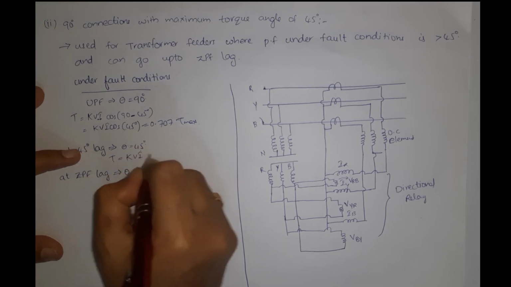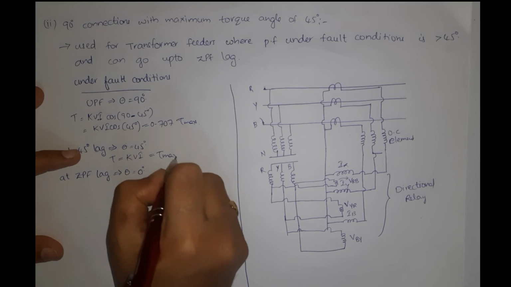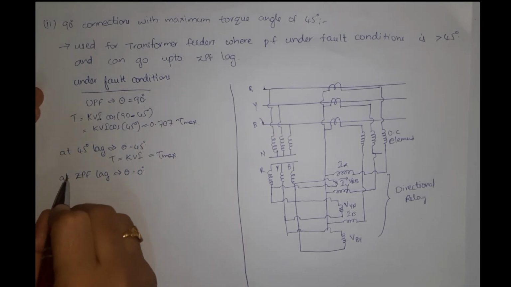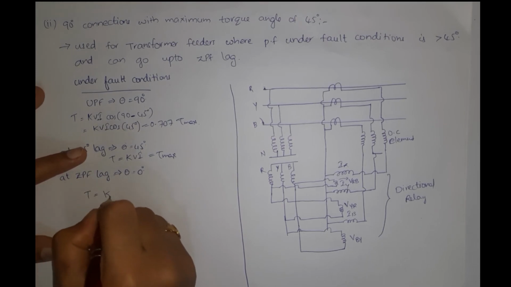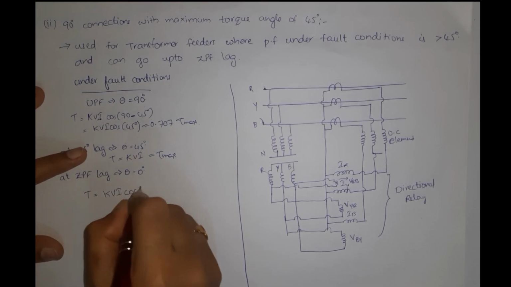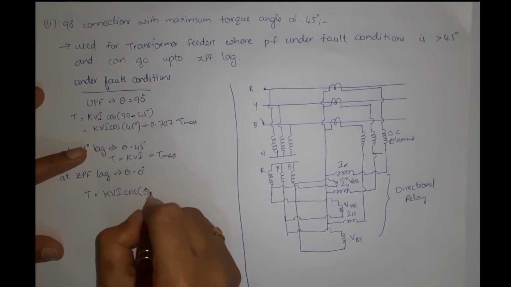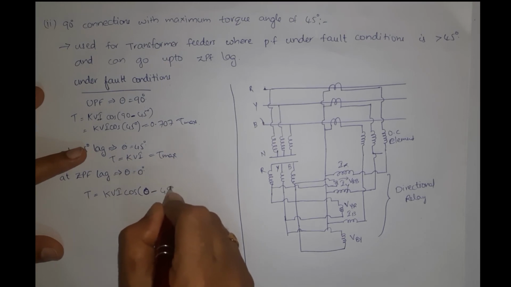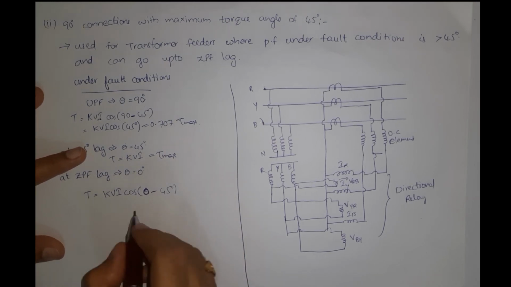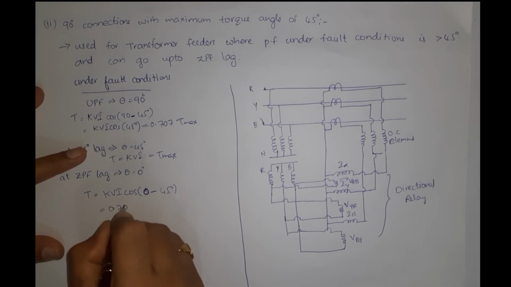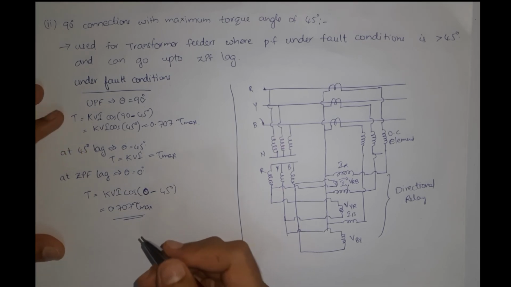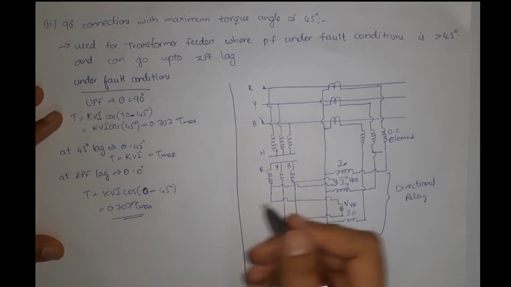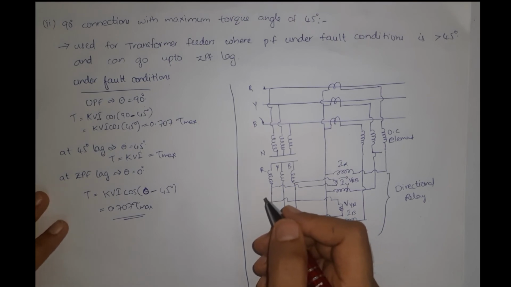T is equal to kVi, that is maximum torque, right? In the same way, at 0 power factor lag, what happens? Here theta is equal to 0, then T is equal to kVi cos(0 minus 45) degrees, right? So that is 0.707 tau max. So these will be the values of torque at different angles, right?